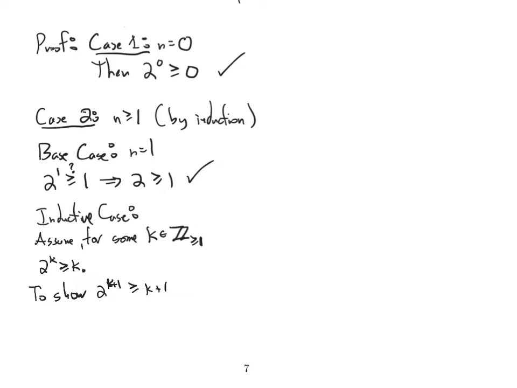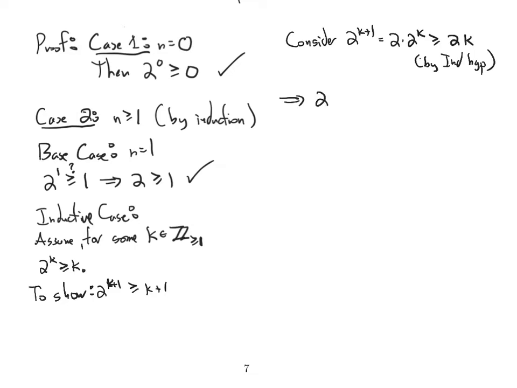K plus 1 there, that looks a little bit better. And we're just going to write the same thing. So consider 2 to the k plus 1, which is 2 times 2 to the k, which is greater than or equal to 2 times k, and this is by our inductive hypothesis.